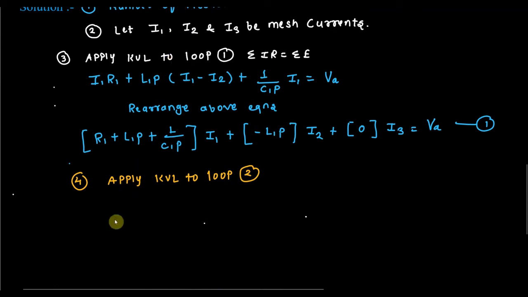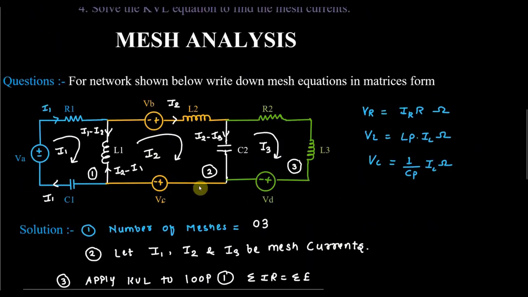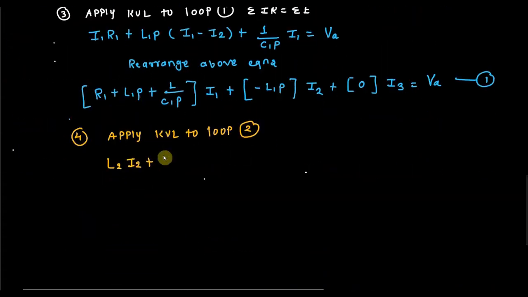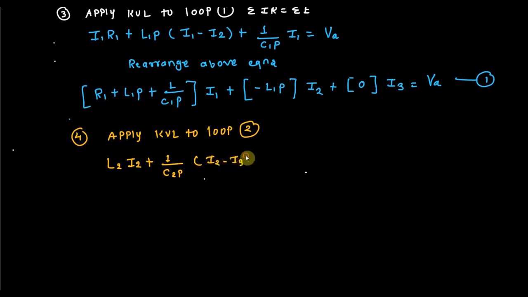Plus, for the capacitor it is 1 upon C2P, with current I2 minus I3.